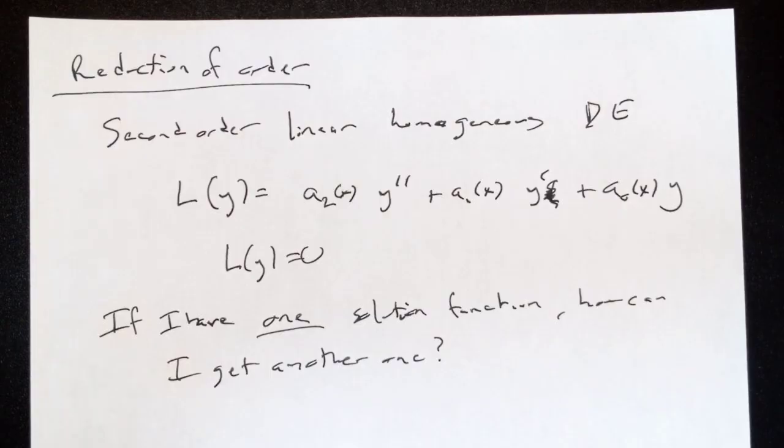We will eventually find methods for finding the first one, but I want to start with the idea I've got one, how do I get another one?